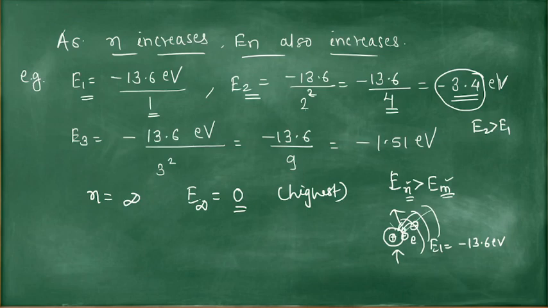Some kind of radiations are emitted by the electron during this transition. So the energy level diagram contains the transition of electron from outer level or outer orbit to inner orbit, and what kind of radiations are emitted. Those radiations are grouped and named after the scientist.